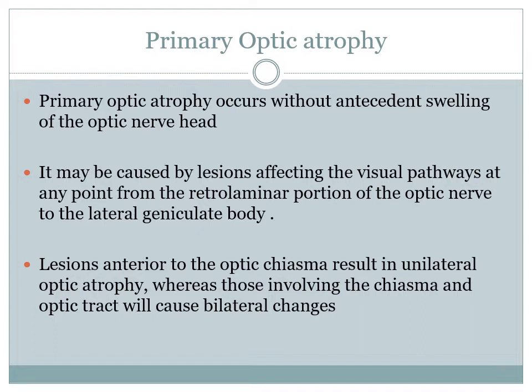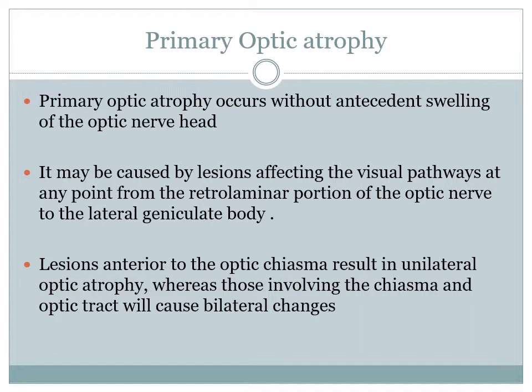Now, lesions anterior to the optic chiasma result in unilateral optic atrophy. You know, the optic nerve finally leads to the optic chiasma and then the optic tract. If the lesion is anterior to the optic chiasma, there is no question of the other side getting affected.